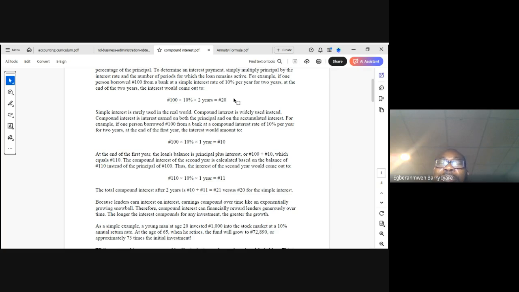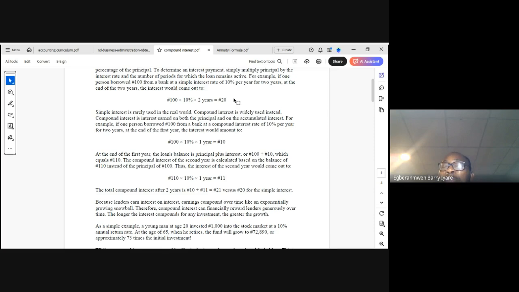For the first year, you get 10 naira interest. But with compound interest, they won't give you the 10 naira, they will add it back to your principal. For the second year, instead of your principal being 100 naira, it will now be 110 naira, so you get interest on 110 naira instead of the 100 naira.